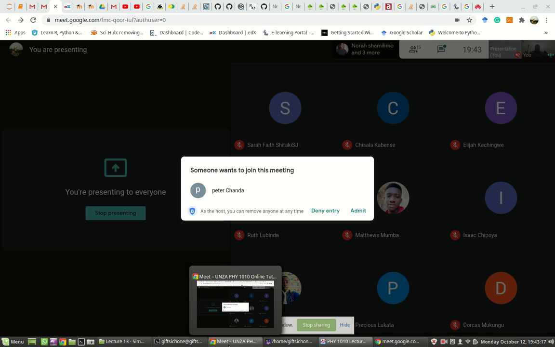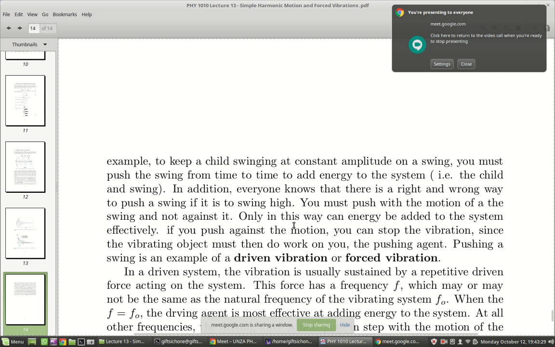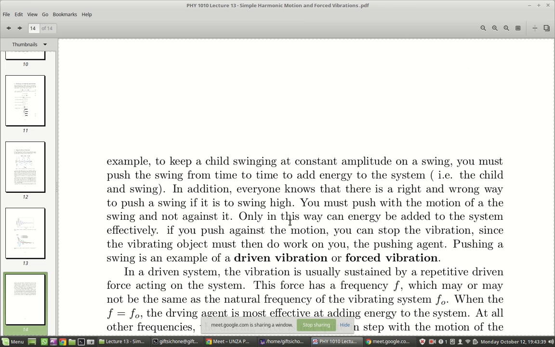Then you don't push them again. With time, the amplitude, how far the swing can go back and forth, is going to reduce. Eventually, it's going to come to a stop. So if you want a system to continue vibrating with maximum amplitude, you need to keep on pushing.